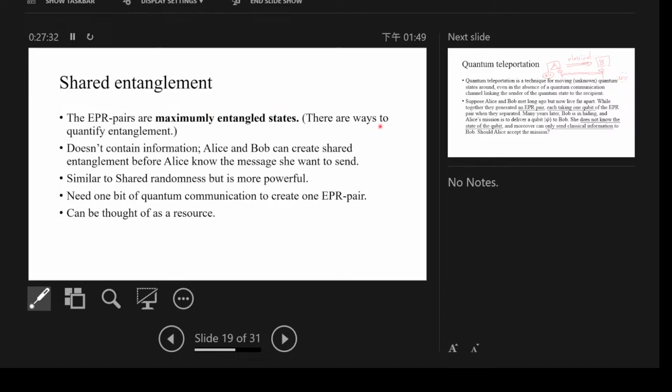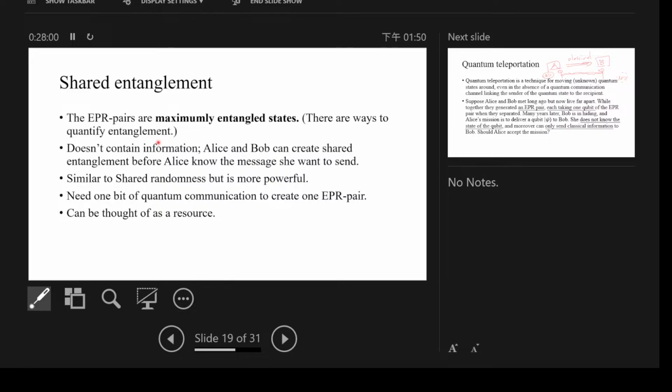There are ways to do this, but I don't think we'll cover them in this course. It's in the book though, probably in chapter 7 or 8, where you can learn how to calculate entanglement between states, something like entropy.